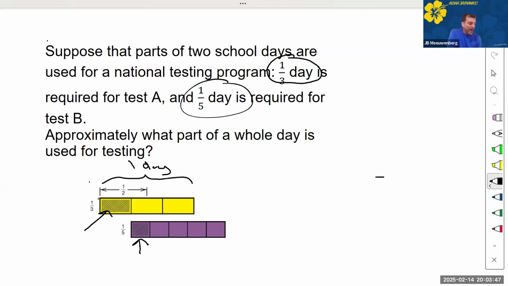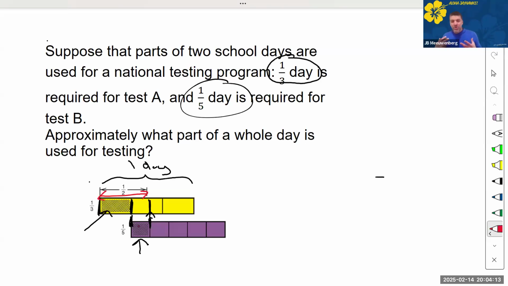When we line up the end of the third, and then we put the beginning of a fifth right there, what we're looking for is, what is this amount if we combine those two, from here over to here? You can see it is pretty close to a half of a day.